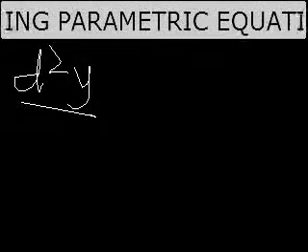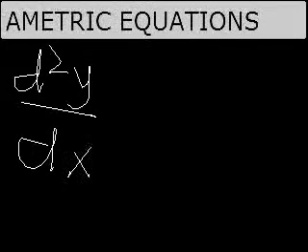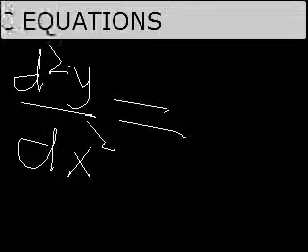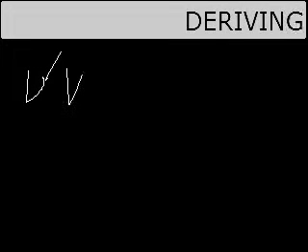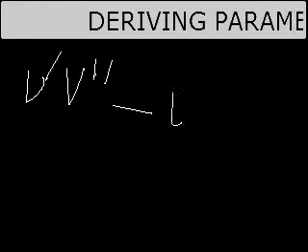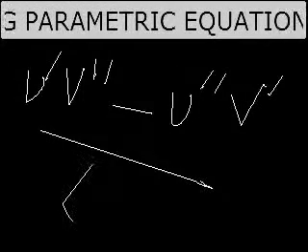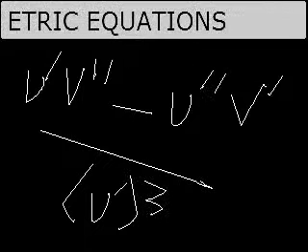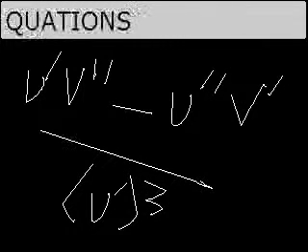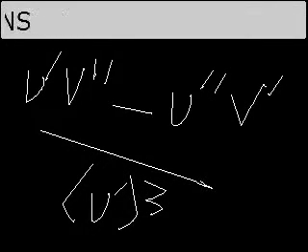The formula that was created basically for all second derivatives of a parametric function is d squared y over dx squared equals u prime v double prime minus u double prime v prime over u prime cubed, where u equals x and v equals y.